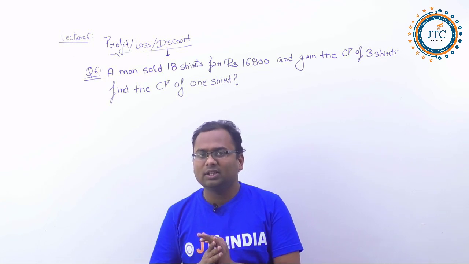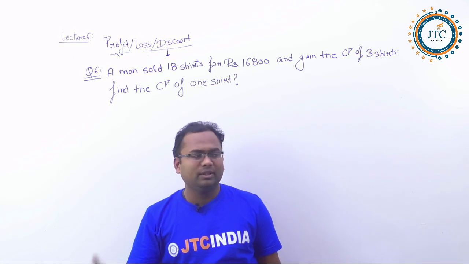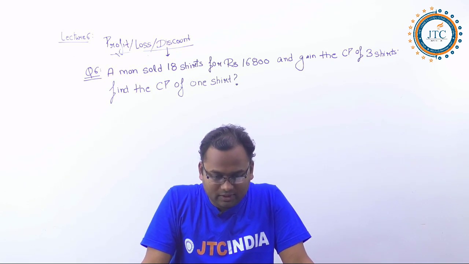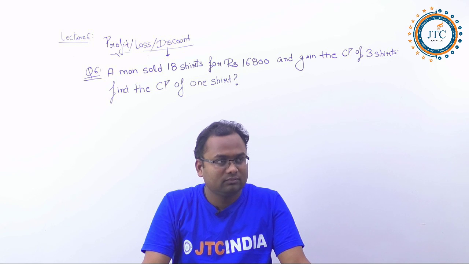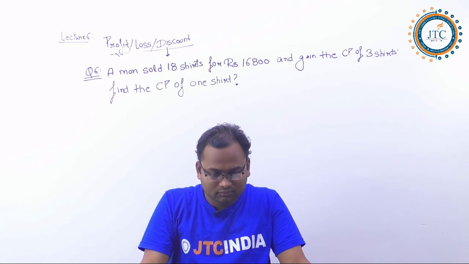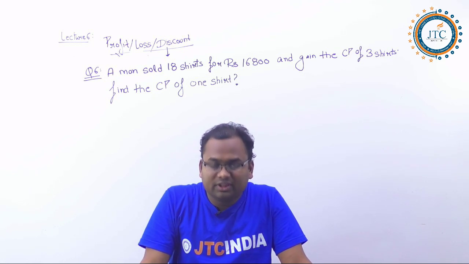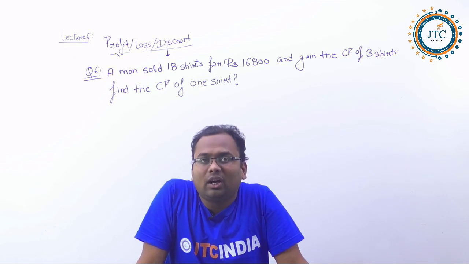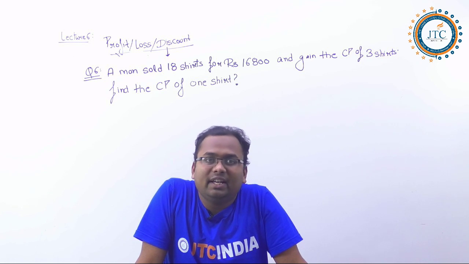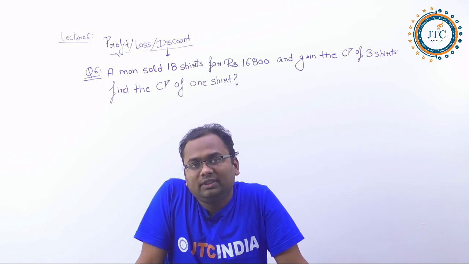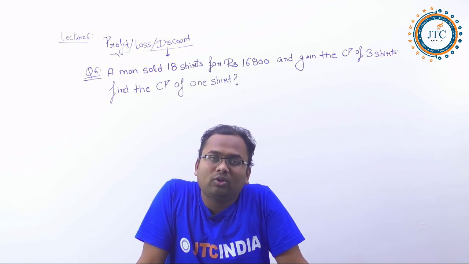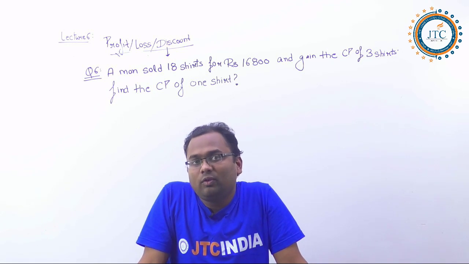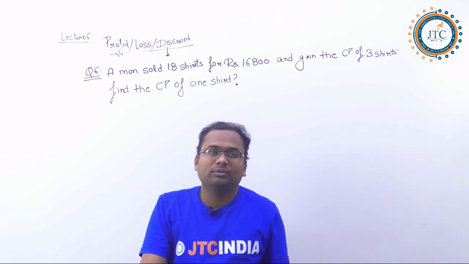All questions are on a similar concept. This question is also article based. Basically the question says that a man sold 18 shirts for rupees 16,800, and after selling 18 shirts, the profit is equal to the cost price of 3 shirts. Then what is the cost price of one shirt?